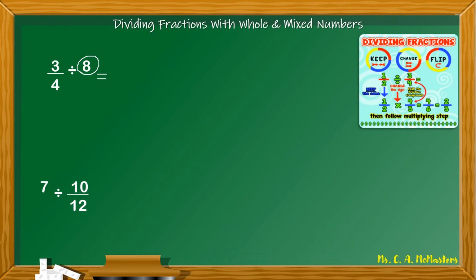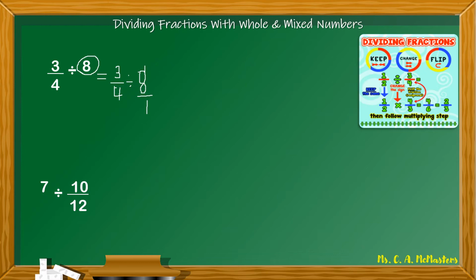So we're going to rewrite this problem. The first fraction is 3/4. Then we have our division symbol still because we need to change this 8 to a fraction. We do that by placing the whole number, 8, over a denominator of 1.